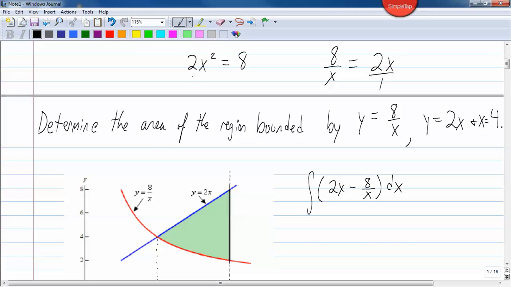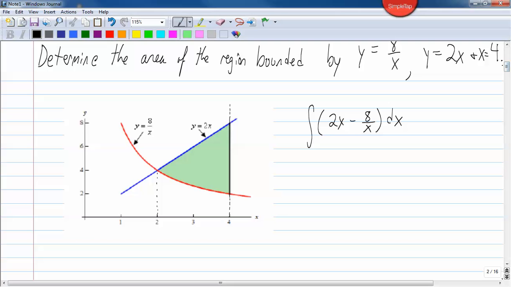I would divide both sides by 2, and I would get x squared equals 4. So x equals plus or minus 2. Well, negative 2 is not even here. The only thing it could possibly be is positive 2. Okay, so that's our boundaries. Positive 2 to positive 4.